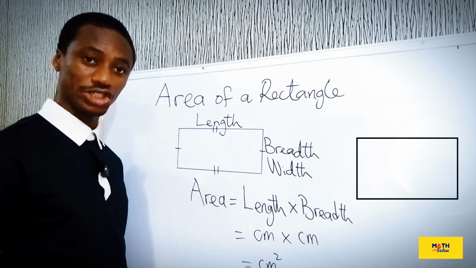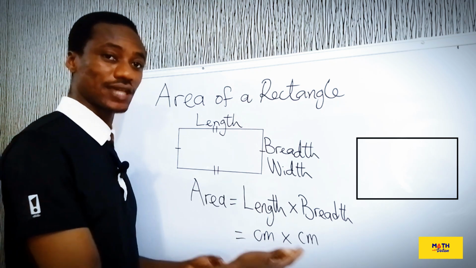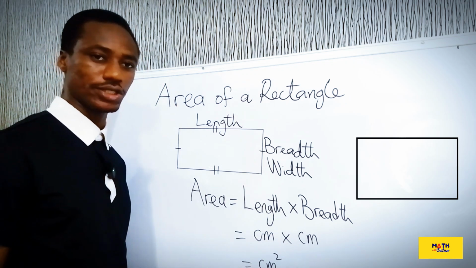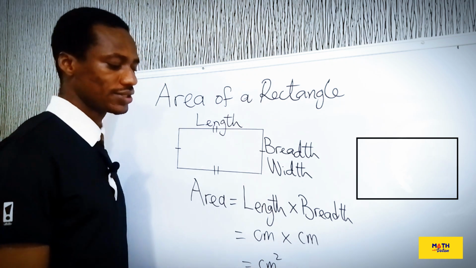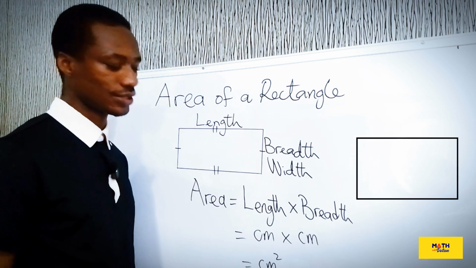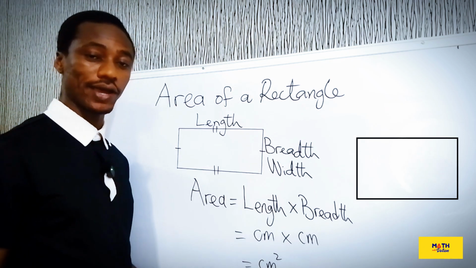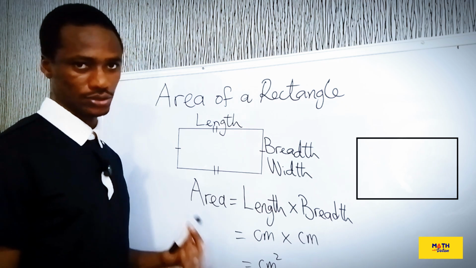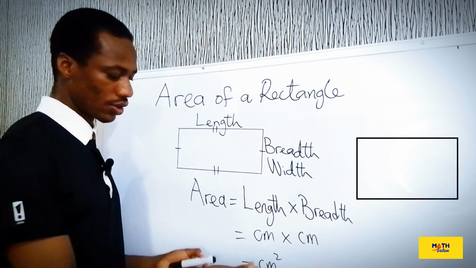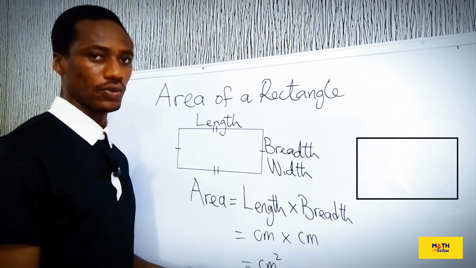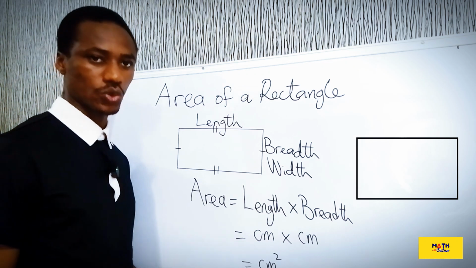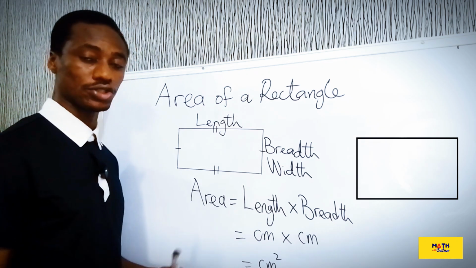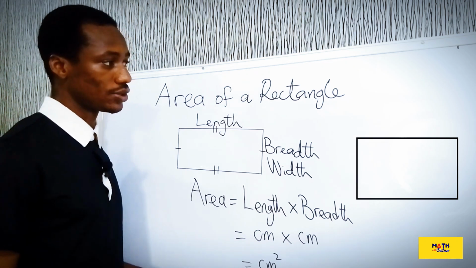If you are working with inches, you're going to have inches times inches, and that will be inches squared. So your area is always measured in units squared or square units, all right? So you can call this square centimeter or centimeter squared. So take note of that as you do the calculation.